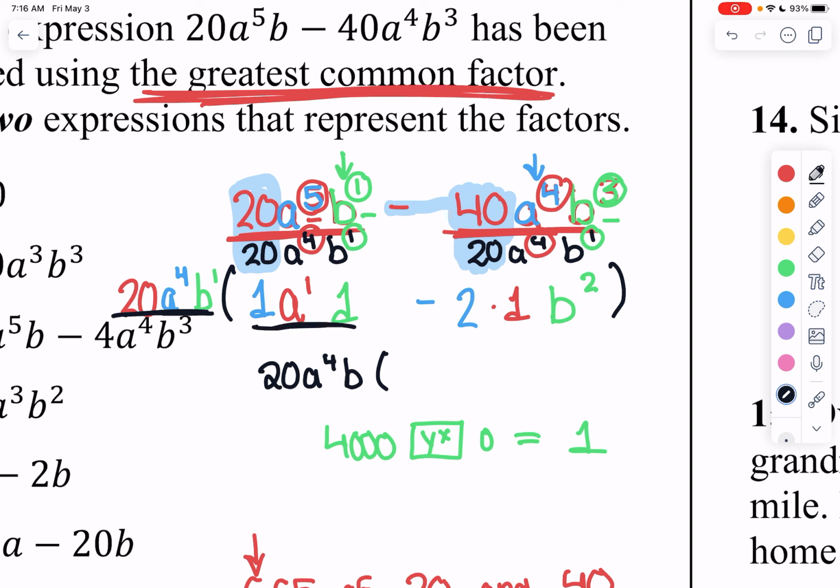If we look here, really all that we have is this a, okay? Because we do not need this invisible 1 or this invisible 1 or this invisible 1, so it's really just a, all right? Minus, here I have 2 times 1 times b squared, so negative 2 times 1 is negative 2, and then I'll drop my b squared.